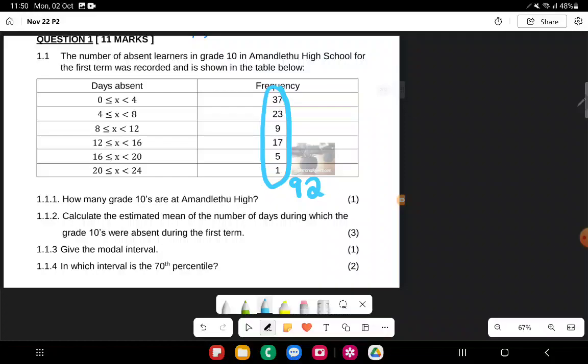Next question. Can you calculate the estimated mean of the number of days during which the grade 10s are absent during the first term?